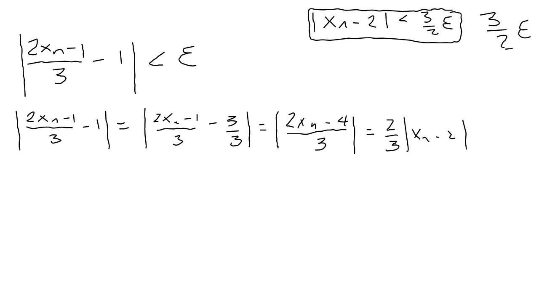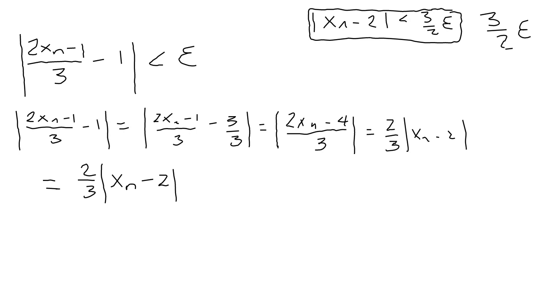Let me try this in the next line. I haven't changed anything, because I want to show everything properly now. What did we say the absolute value of x sub n minus 2 is?